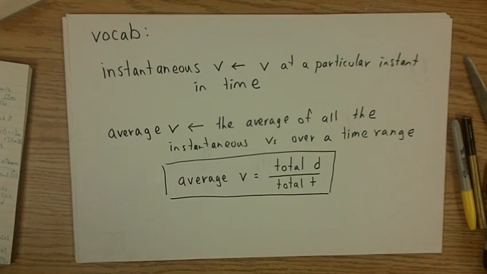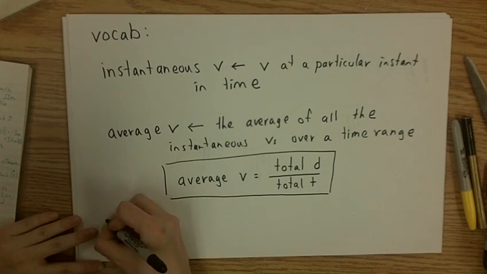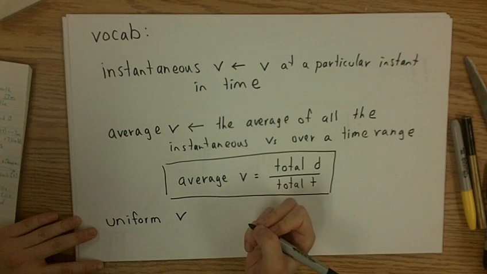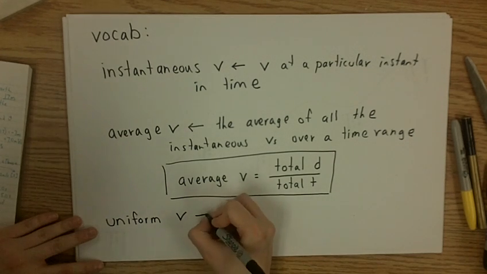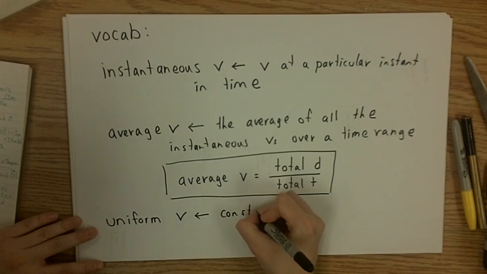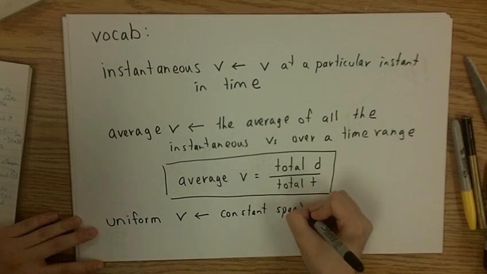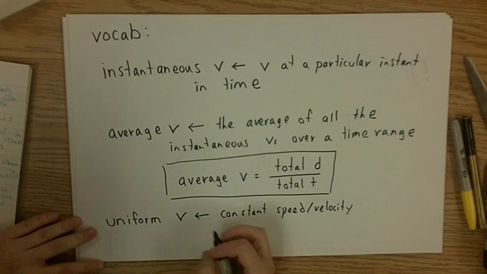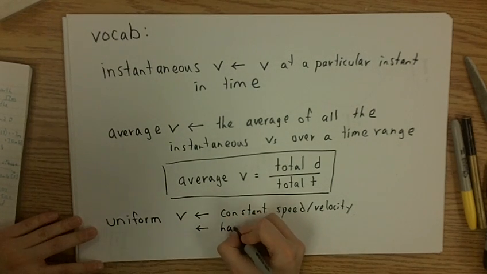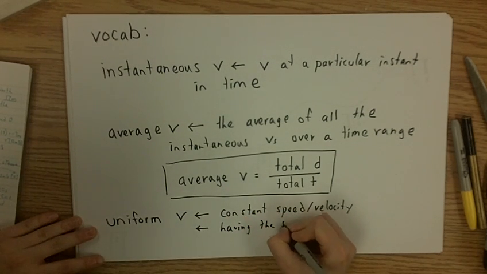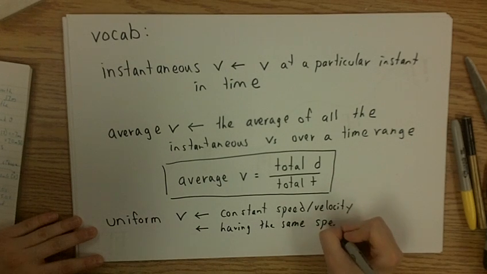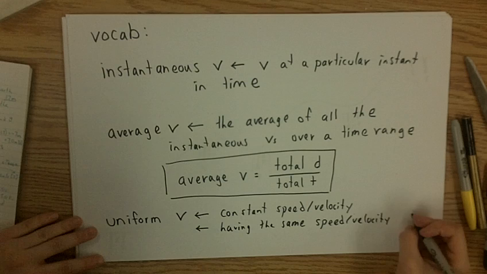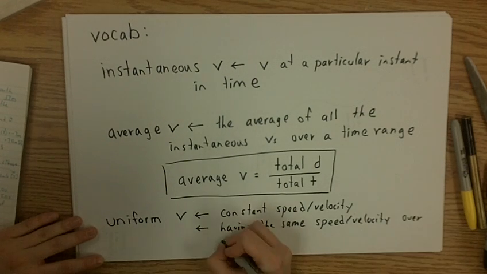Most of the time in physics, we're looking at objects that are going at a uniform speed. Uniform speed means constant speed or velocity. This is another way of saying having the same speed or velocity over a period of time.